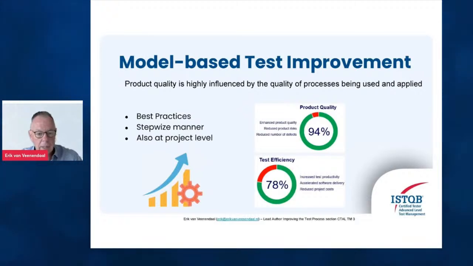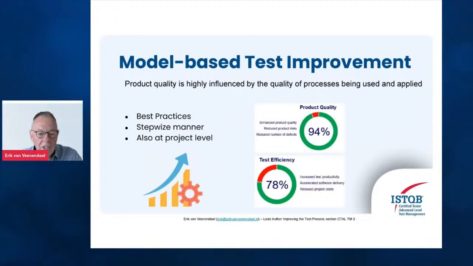Important, in the syllabus, in the course, we will teach you how to apply these models at project level. Interestingly enough, there's been a study recently by the TMMi Foundation showing that 94% of those doing model-based improvement state they have improved their product quality. So the assumption is proven to be correct in practice.